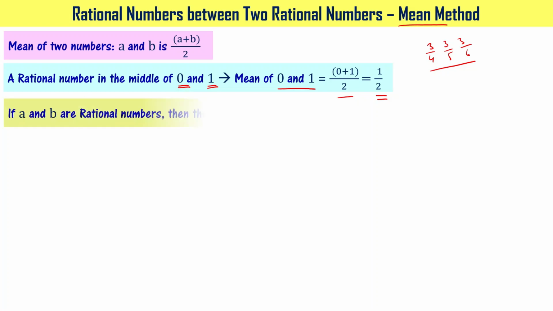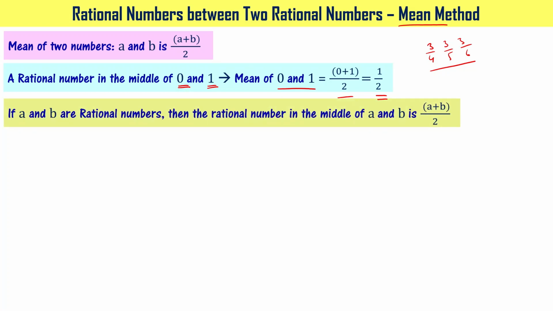So if a and b are rational numbers, then the rational number in the middle of a and b is (a + b) by 2. There may be many more numbers, but this is one possible number always. The mean method gives you one rational number in between a and b, that is (a + b) by 2.